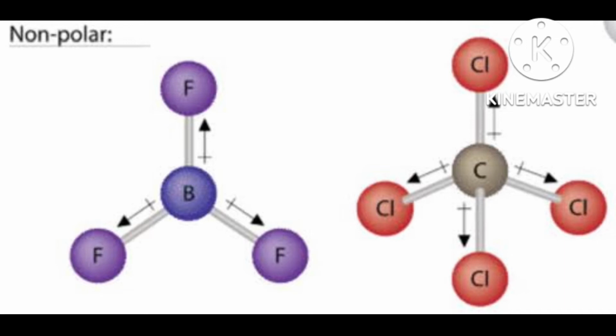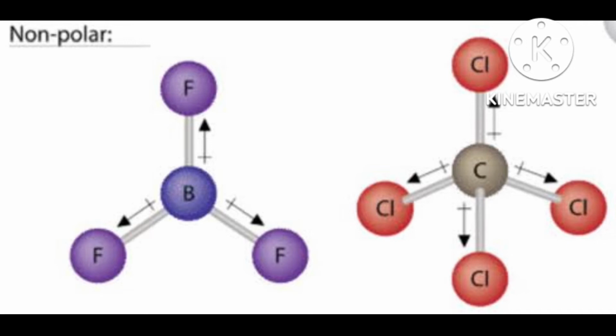A lone pair of electrons on the nitrogen atom. Although fluorine is more electronegative than nitrogen, the resultant dipole moment of NH3 is 4.90 times 10 to the power minus 30 coulomb meter. It is greater than that of NF3.